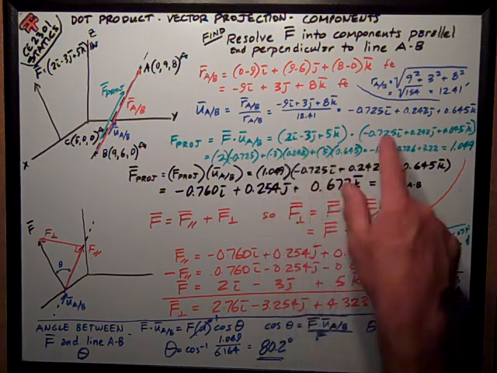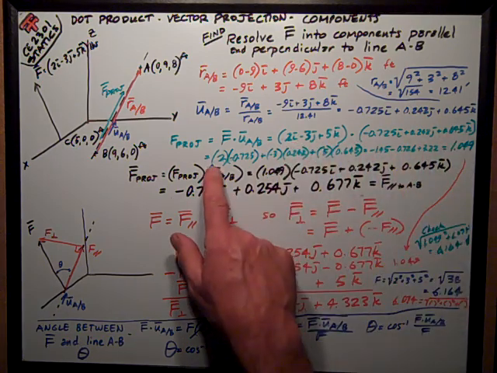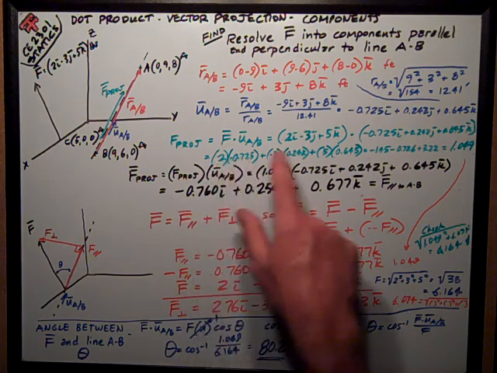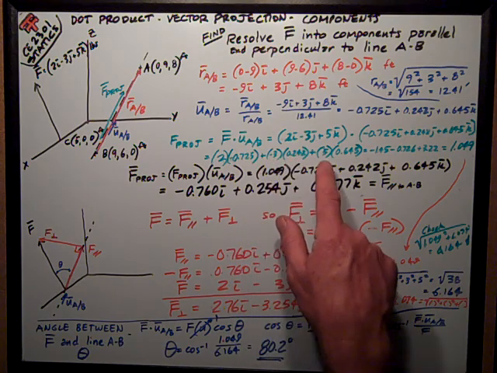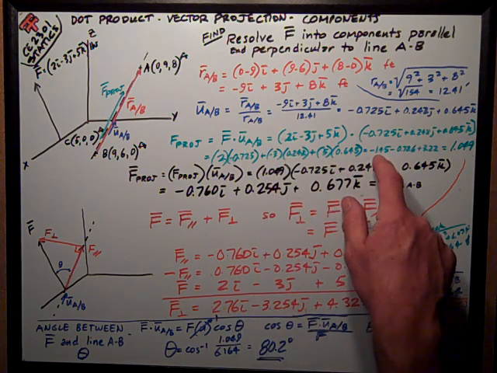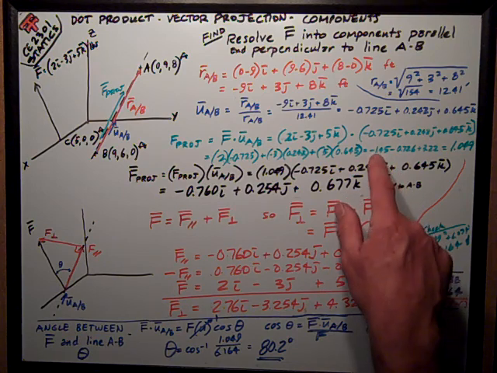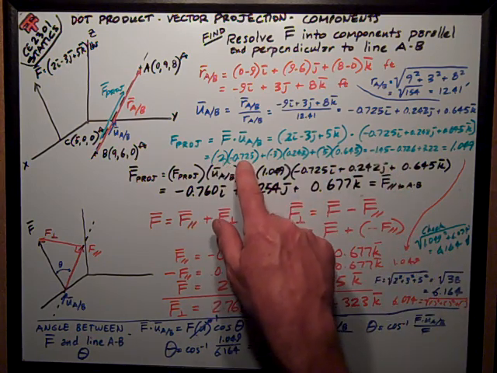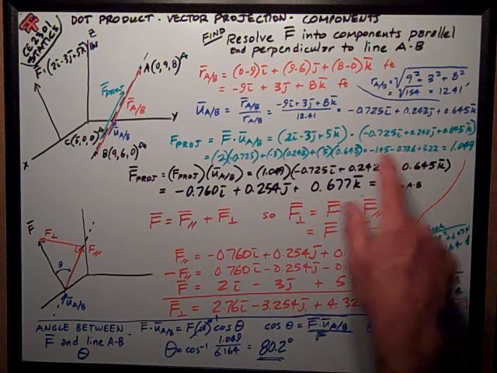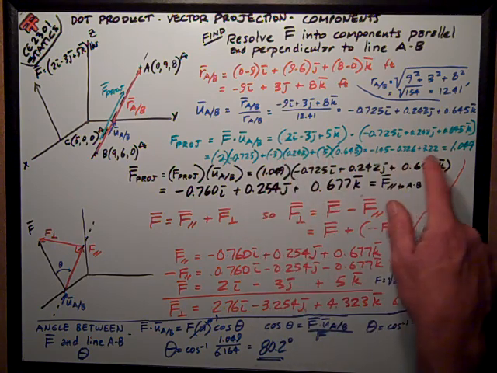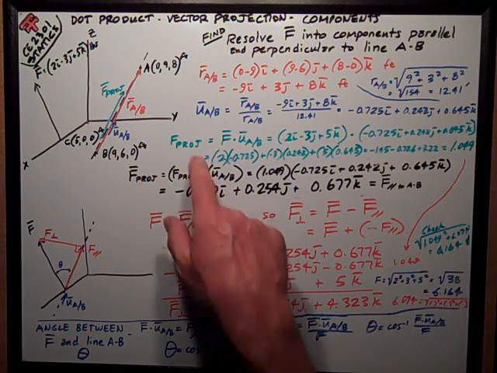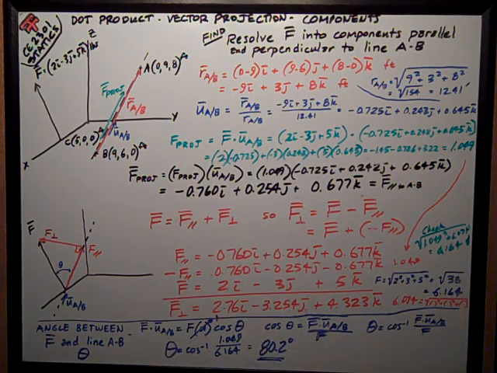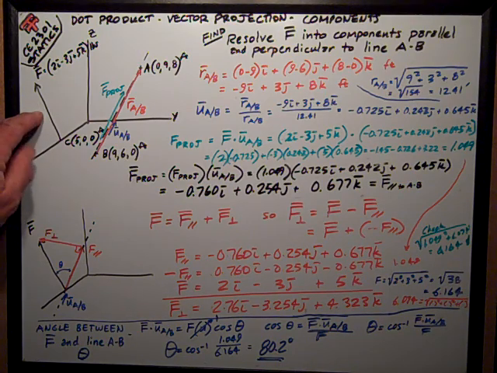I just multiply the i terms, the j terms, and the k terms together in this manner. 2 times negative 0.725, and so forth. And I get these numbers that I just add up algebraically. Negative 1.45 is 2 times negative 0.725. And these are the other two terms. Add them all up, I get 1.049 for F projected. So that is the vector F projected on line AB.